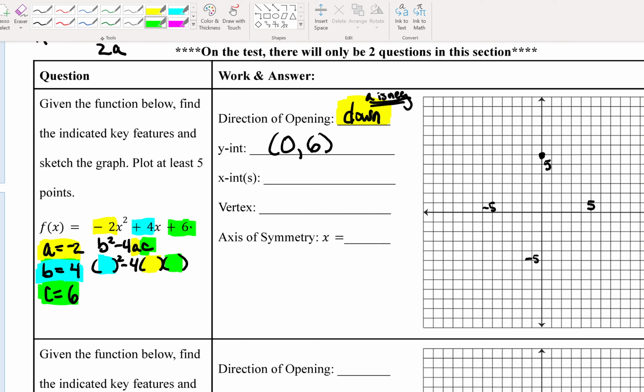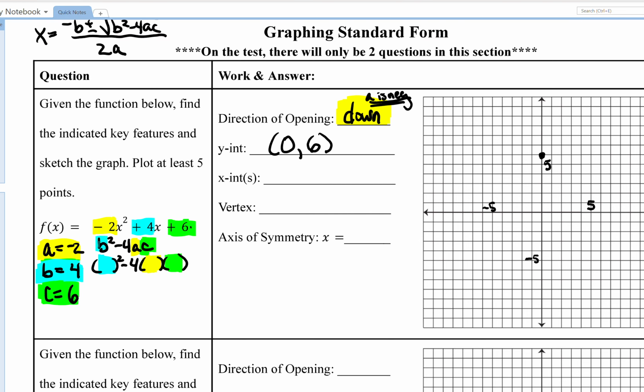Then I'm going to plug those values in. B is 4, my A is -2, and my C is 6.